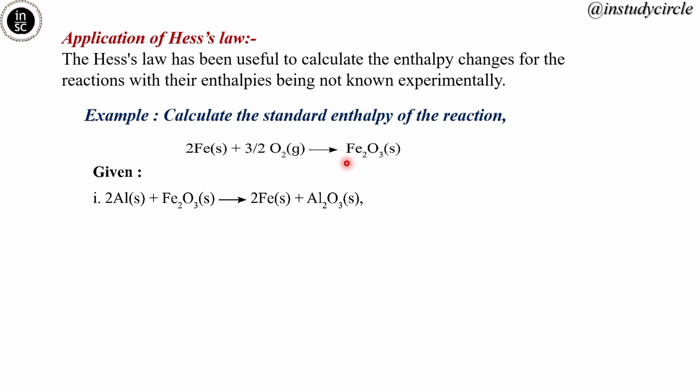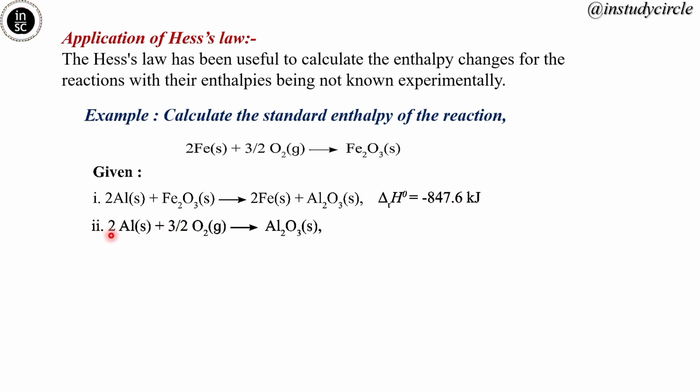To obtain the enthalpy of such a reaction, we use the enthalpies of known reactions. Given reaction 1: 2 moles of aluminium react with 1 mole of Fe2O3 and produce 2 moles of Fe plus 1 mole of Al2O3, and the standard enthalpy of the reaction is minus 847.6 kilojoules.